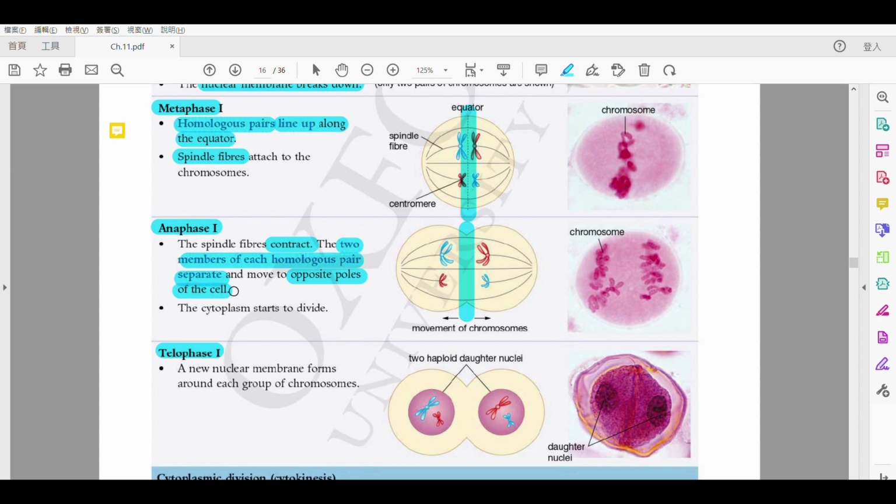嗱，聽住啊。So the key words you cannot change. Okay, but some minor words you can change. So as you may hear, I said something like two members of the homologous pair or homologous chromosomes will separate.